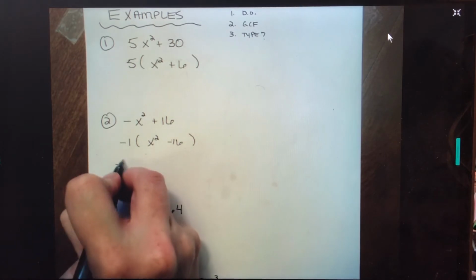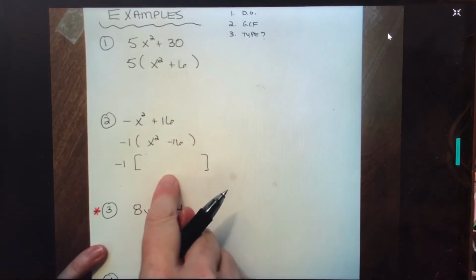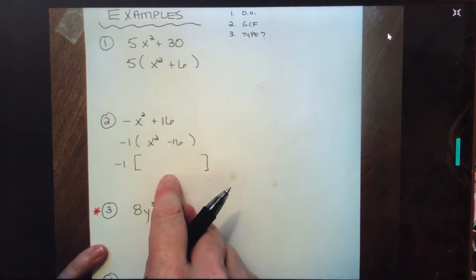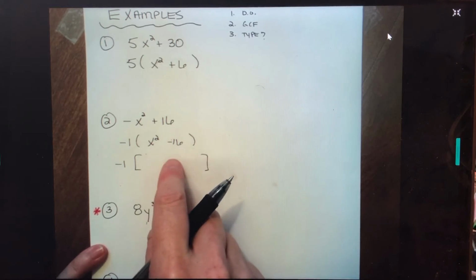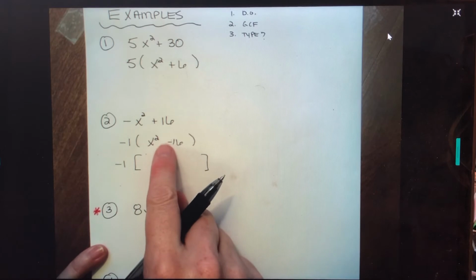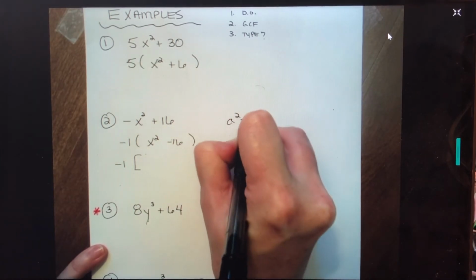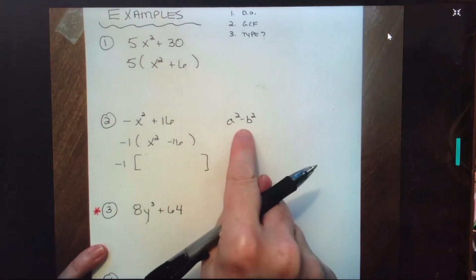And if you want to rewrite it, you don't need to do this next step necessarily. If you're an experienced factorer, you probably would skip this. But if you're new, this might be helpful. And again, that is taking the time to write this as a squared minus b squared. So what are the two things that are squared?